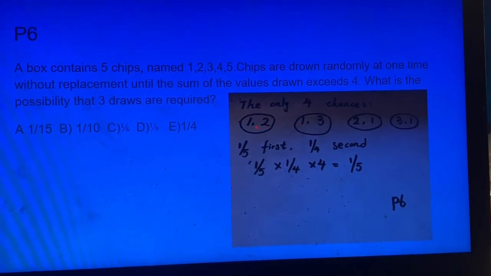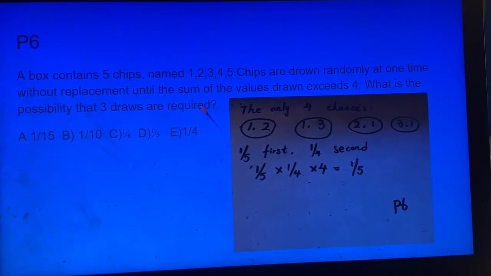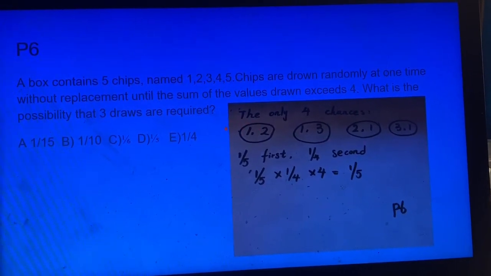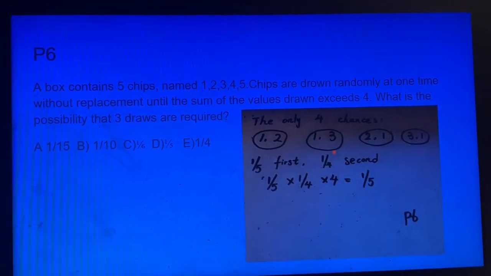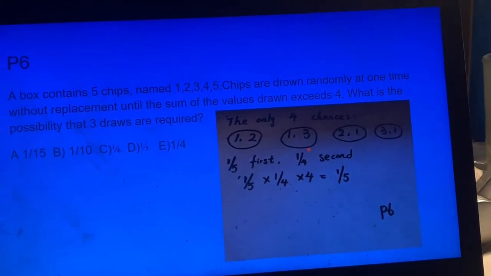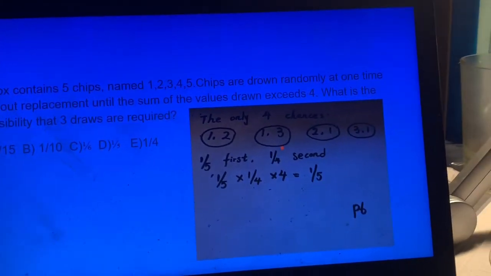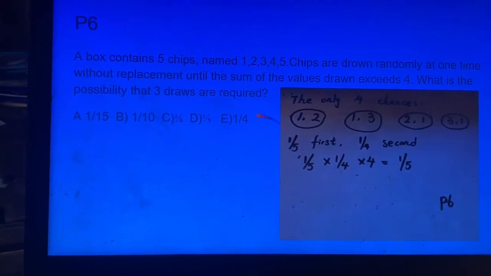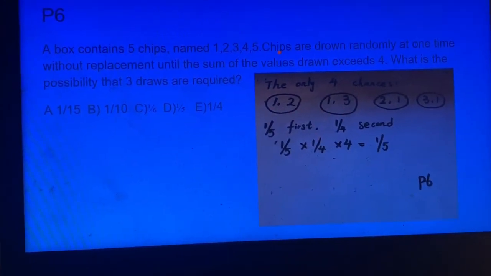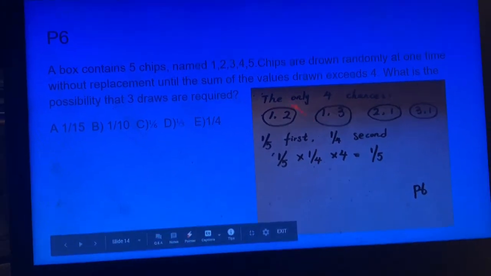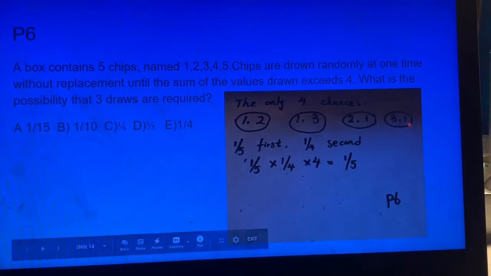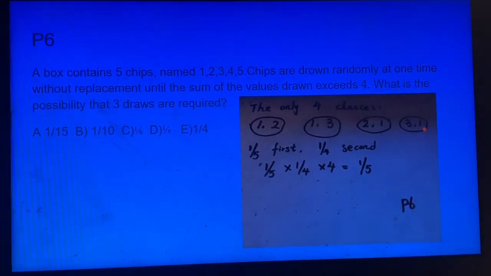For each one, there is a 1/5 probability because there are 5 numbers to choose the first number, and then 1/4. Why is it 1/4 instead of 1/5? Because one number is already chosen. So we multiply 1 divided by 5 times 1 divided by 4. Then why do we multiply by 4? Because there are 1, 2, 3, 4 possibilities here. So our answer is going to be 1 divided by 5.